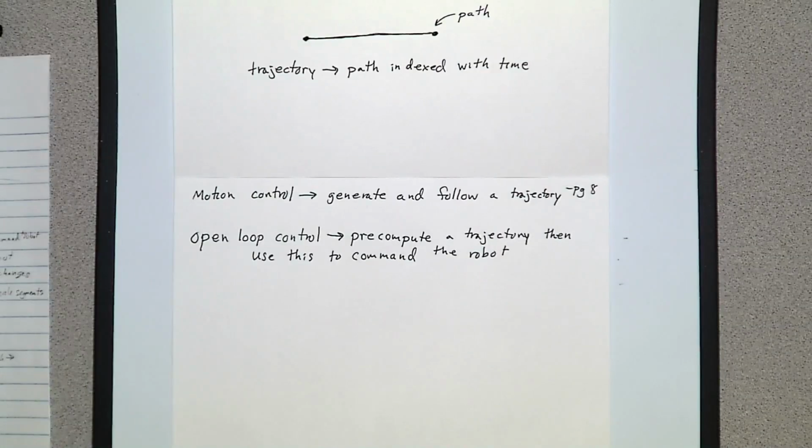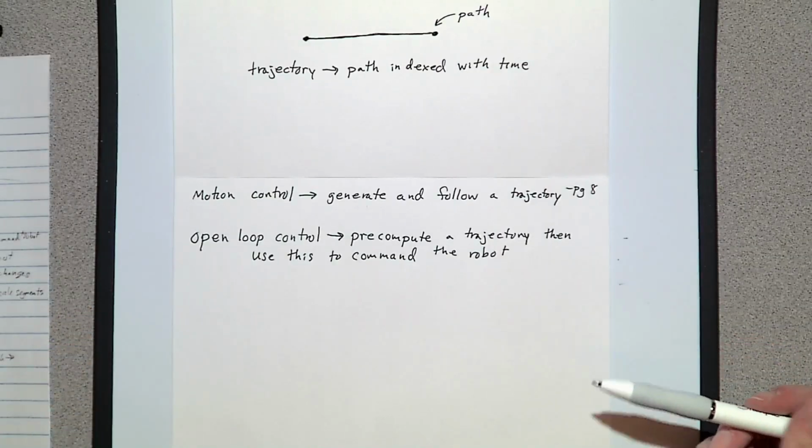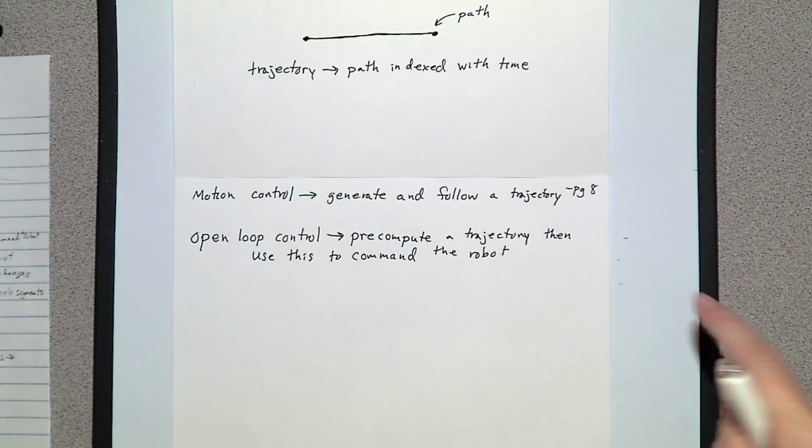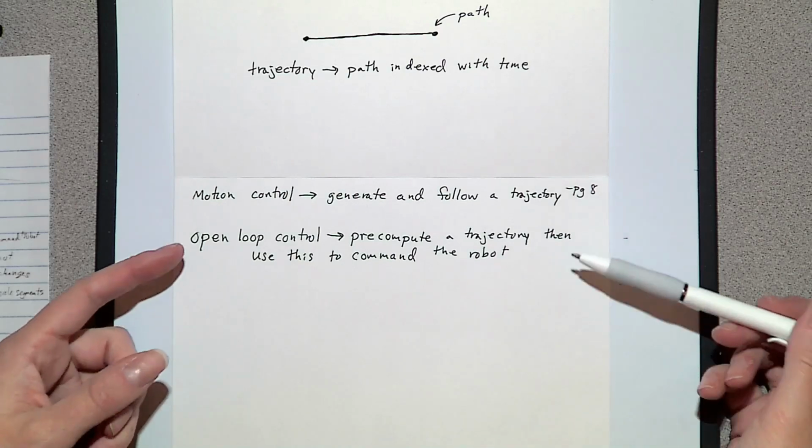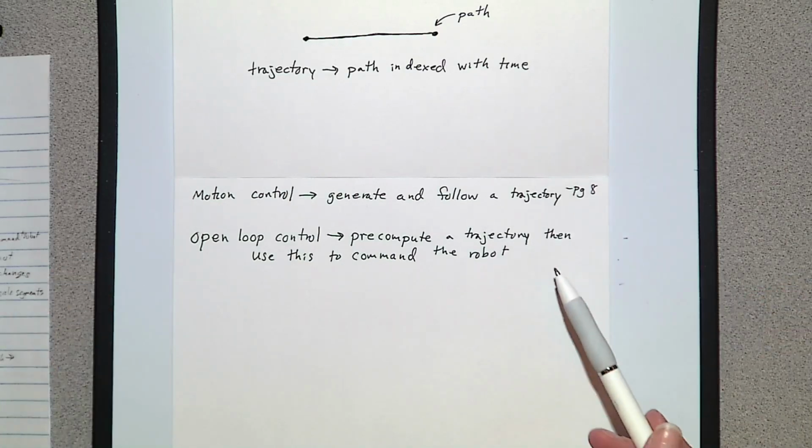So say we have some x dot, y dot, theta dot that we want to follow. We can use our kinematic equation to figure out the phi dots for each of the wheels. Or if it's the case of the Ackermann, we can figure out the velocity v and the steering angle beta. And then what we would do is just at each time index, we would directly send that to the robot.